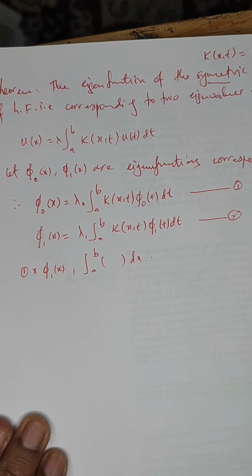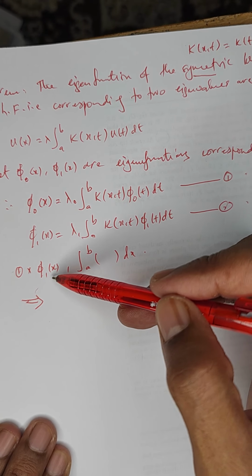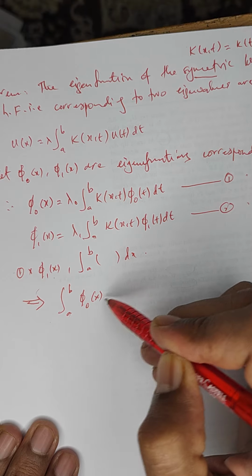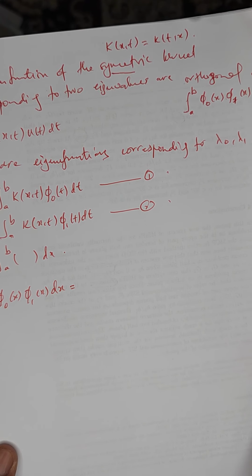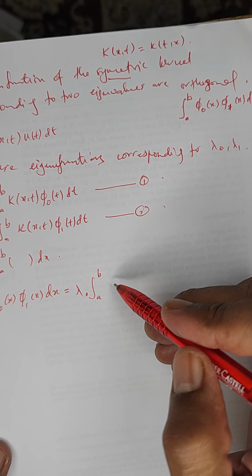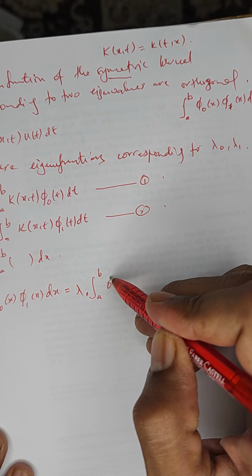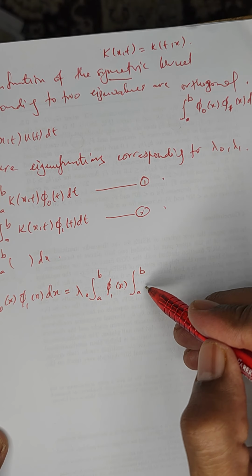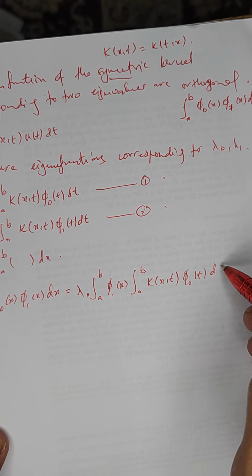So if equation 1 is multiplied by phi1 and integrated, we have integral a to b phi naught x phi1 x dx equal to lambda naught integral a to b phi1 x integral a to b k(x,t) phi naught t dt.